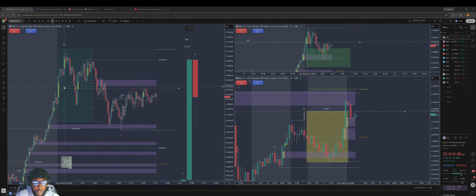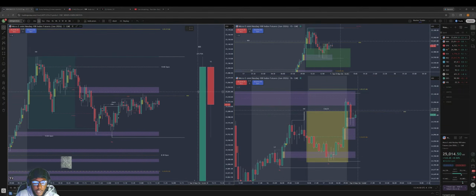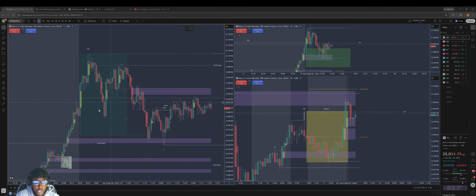If you come over to my 5-minute time frame, you get a way clearer picture of how this morning played out. This is the opening 5-minute candle, and it came down first. That's why we have this long wick right here, which shows where the candle came down. However, it then pushed up and closed way up here, and that's what made it a green candle.